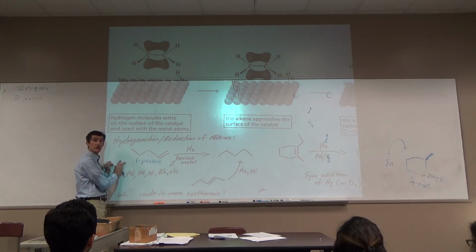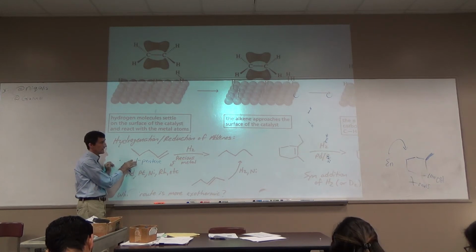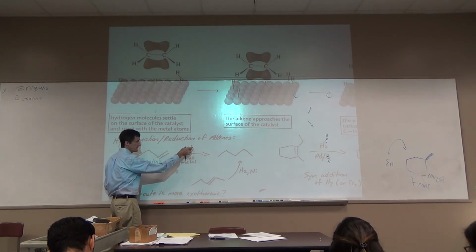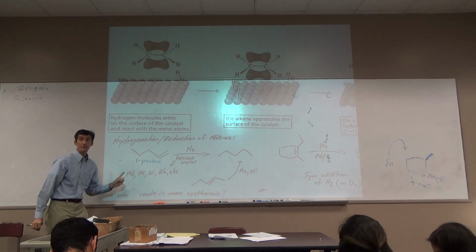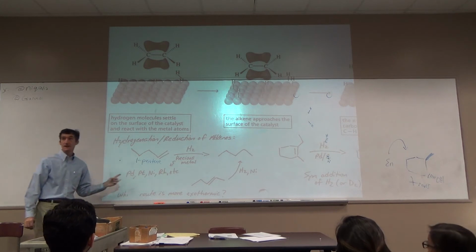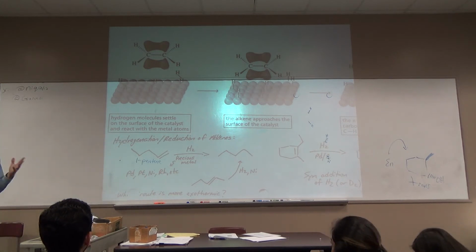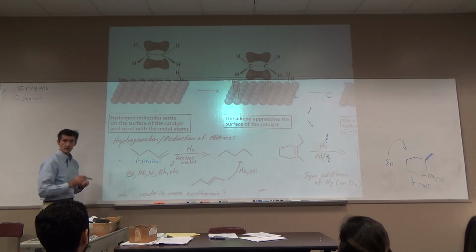Is this compound stereogenic? No, it's not. There's no stereochemistry. Game over. 1 pentene. If you hydrogenate 1 pentene with hydrogen, and one of these, I had a student one time thought that you had to use all of these. It's only one. Your choice. Palladium and nickel are probably the most common that you'll see.